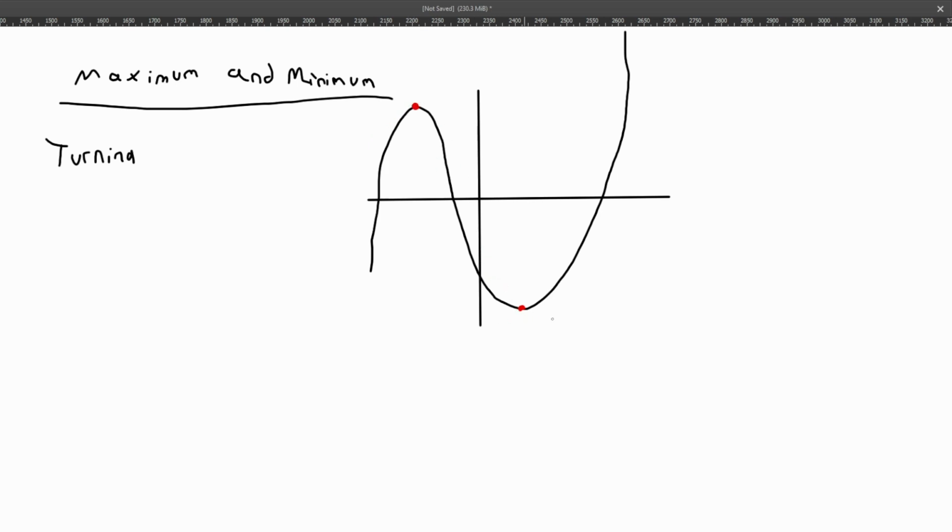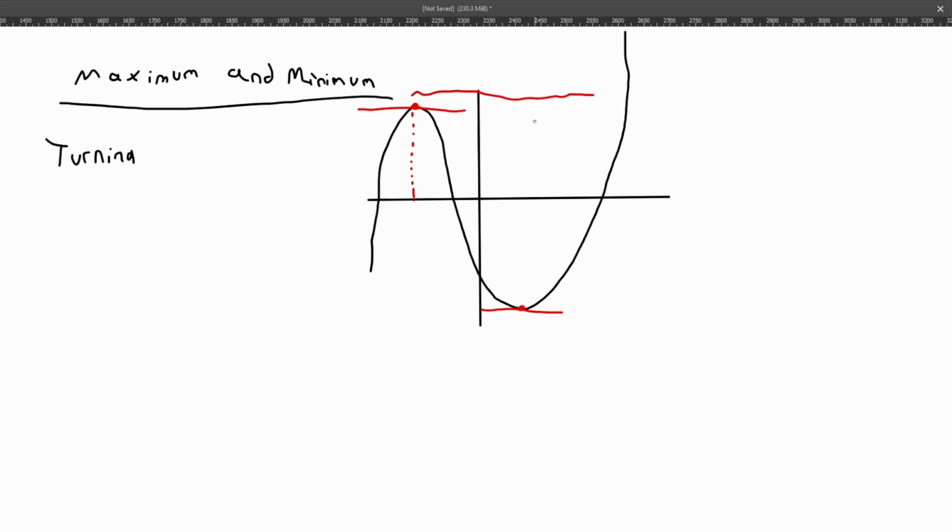So at these points, these are the turning points, and hence the tangent slopes are equal to 0. And as you find the coordinates of these 2 points, the y value of this will be the local maximum of our function in this given region, right?